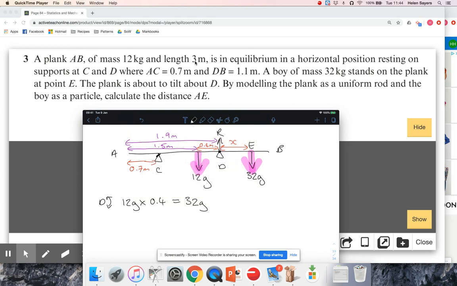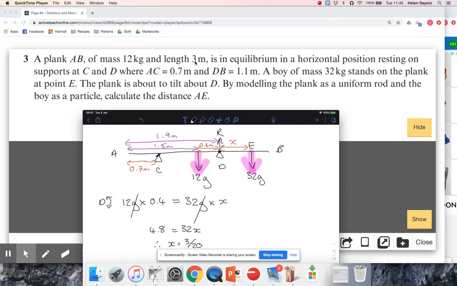So it's a force of 32g times the distance of x. Let's cancel through by g to make it a little bit easier. 12 times 0.4, so 4.8, is 32x. So x is 4.8 over 32, so 3 over 20.